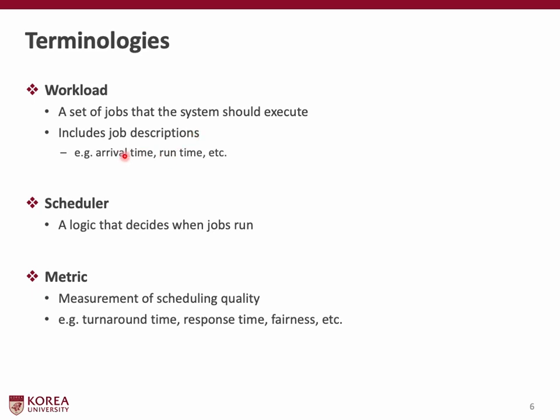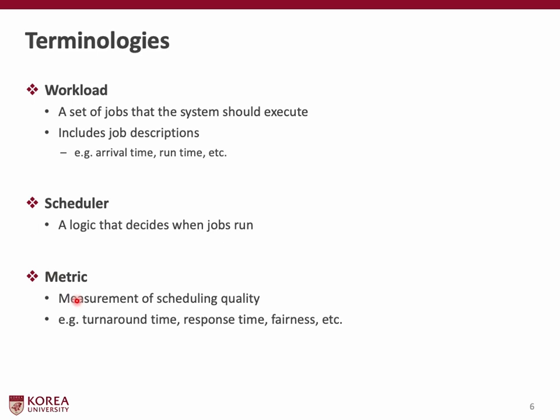For example, workload can specify the arrival time of a job, which is when the job enters the ready queue. And it can also include run time, that is, how long the job needs to run on the CPU. So workload is essentially a collection of jobs along with various details about how those jobs should be executed. And the scheduler is the logic that decides when each job should run on the CPU.